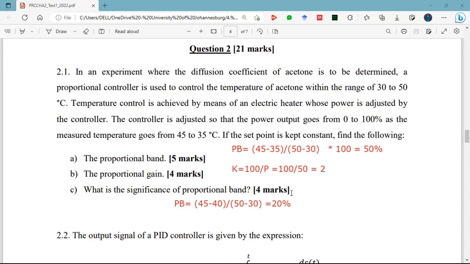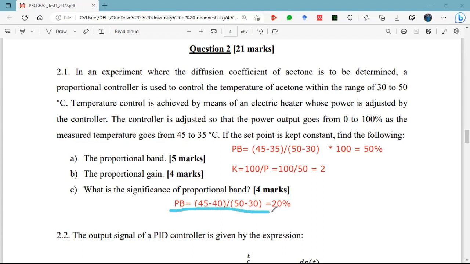Which simply means that if you have a higher proportional band, the sensitivity of your controller is low, and if you have a lower proportional band, you have a higher sensitivity.